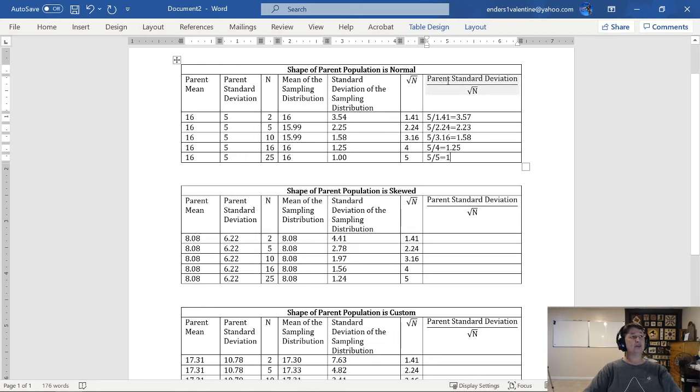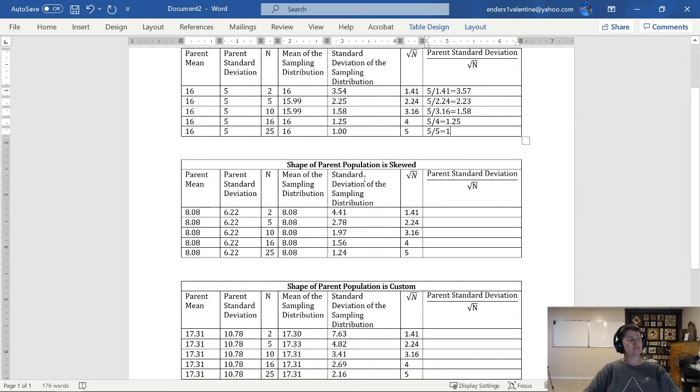So when I take the parent standard deviation and divide it by the square root of my sample size, I get something really close to, or exactly, the standard deviation of that sampling distribution.